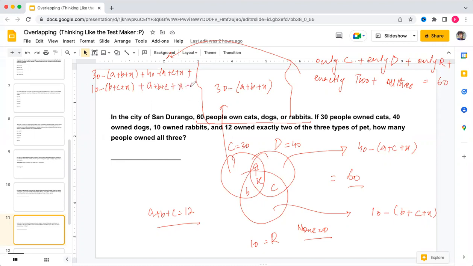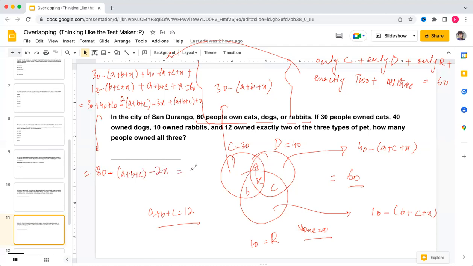Equal to 60. So this will be equal to 30 plus 40 plus 10 minus 2 into (A plus B plus C) minus 3X plus A plus B plus C and plus X. So this will be equal to 80 minus (A plus B plus C) minus 2X.